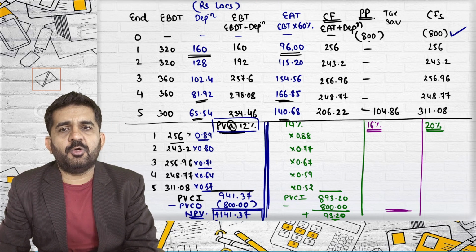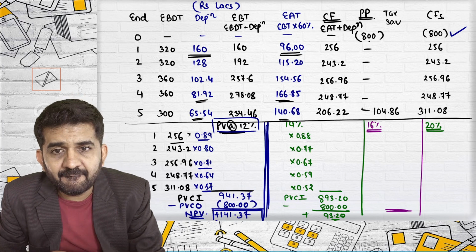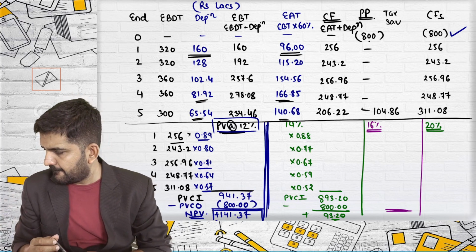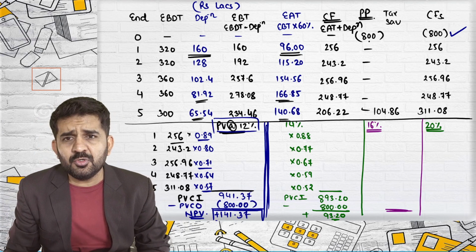NPV at 16% also you have not got? It is 50.72?